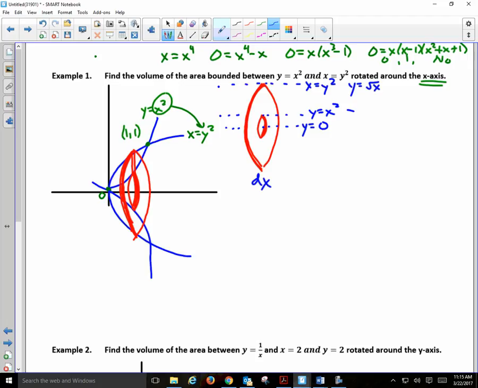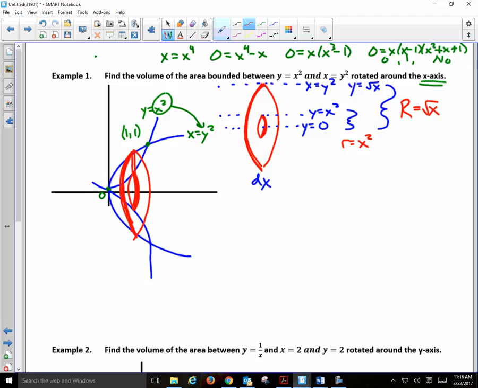So I need the small radius, and I need the big radius. What's the small radius? r is equal to x squared is the small radius. What's the big radius? The root of x.